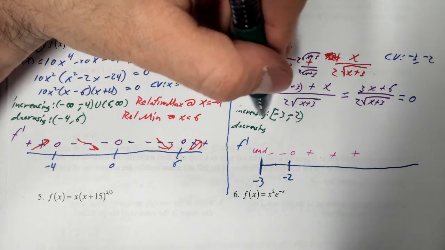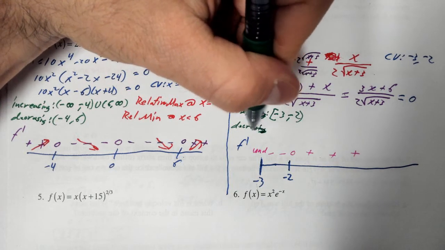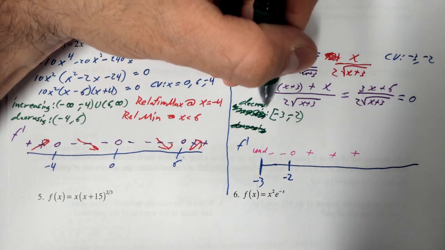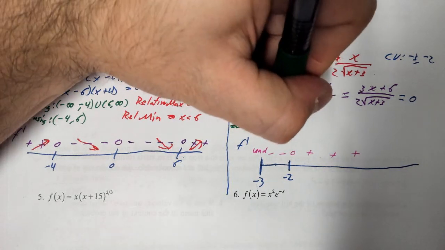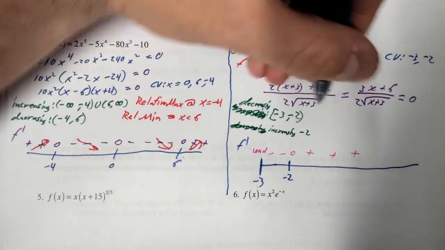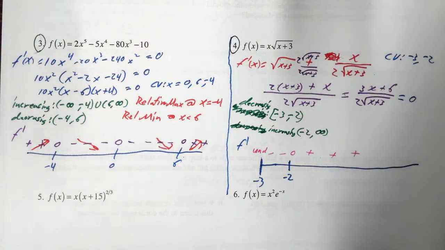Oh, I had that backwards. We'll just switch those around. That is decreasing. Then we are increasing from negative 2 on to infinity.